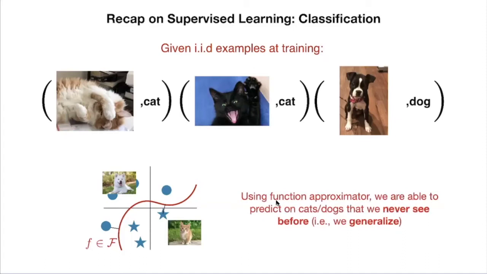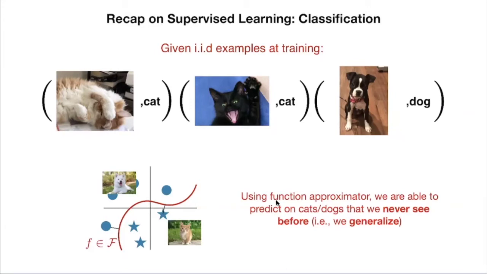In other words, we use function approximation, and we're able to predict on something that we've never seen before. We call this the ability to generalize. That's the hope of function approximation, because there's no hope we can enumerate all possible cats and dogs in this world in order to do classification.